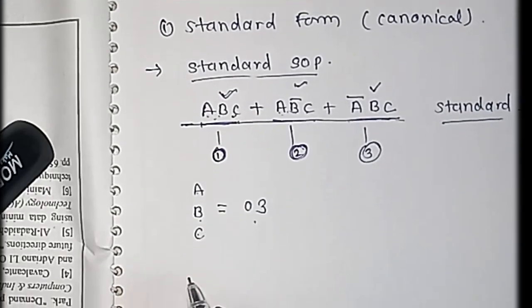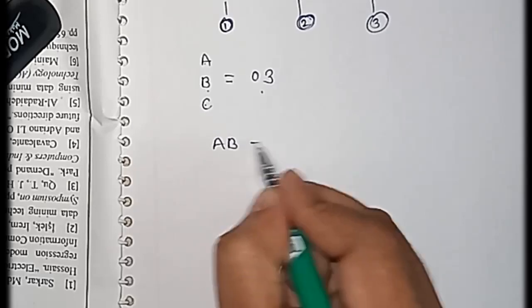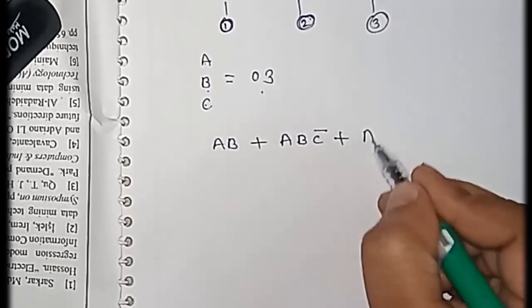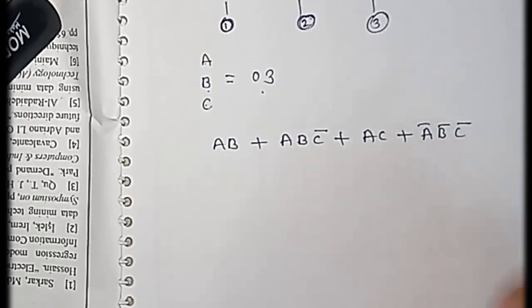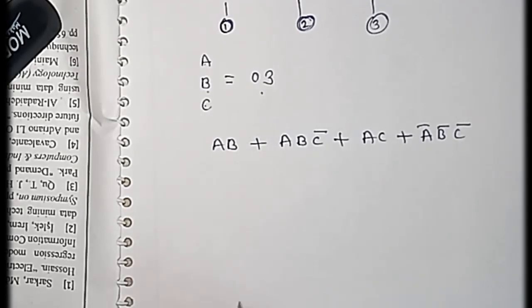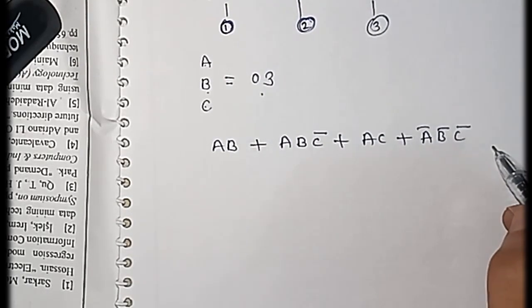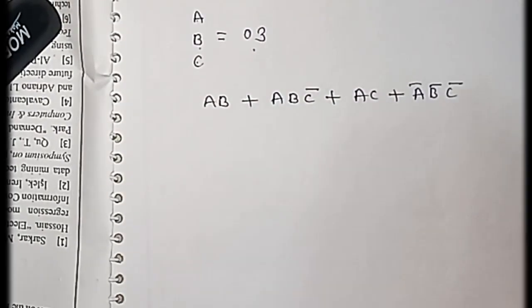Now suppose we consider the second example: AB plus ABC bar plus AC plus A bar B bar C bar. Now we have to find out the type of this equation, that is, whether this equation is in standard form or in unstandard form.